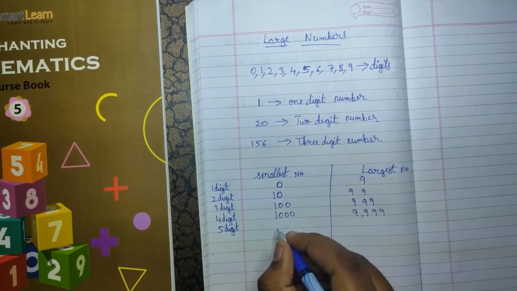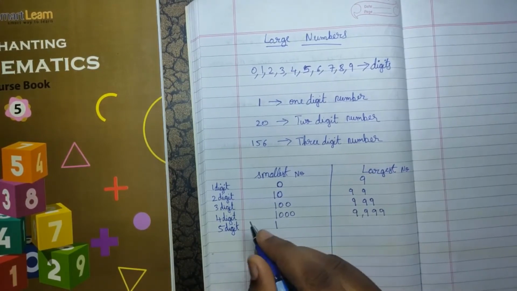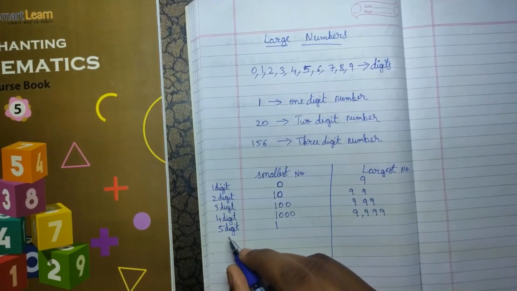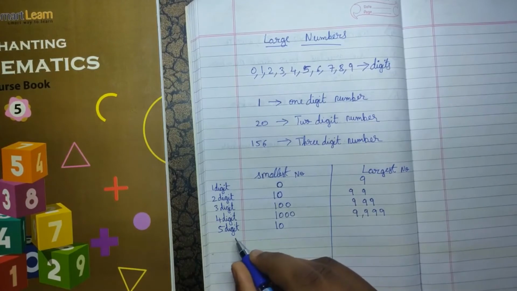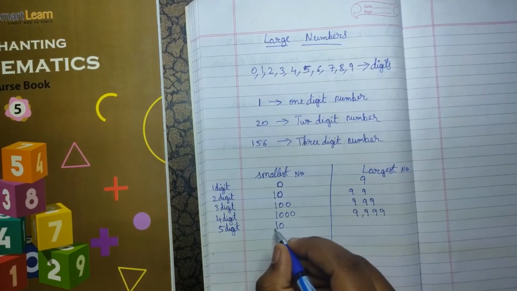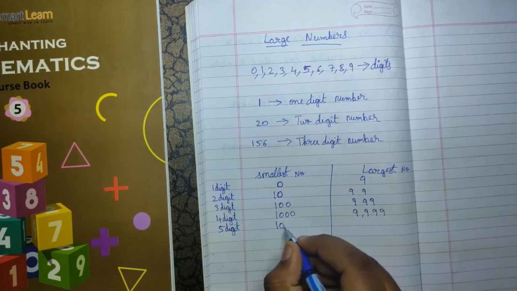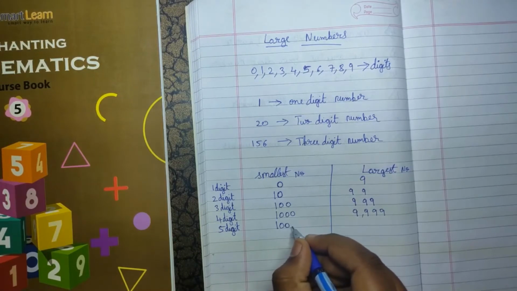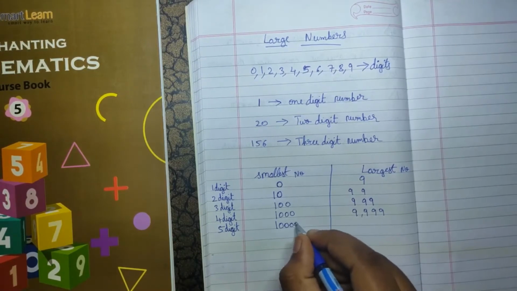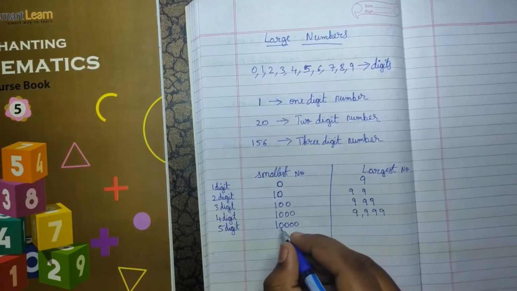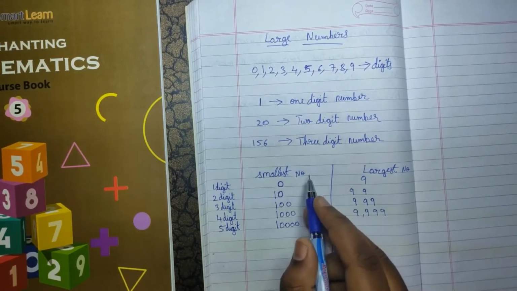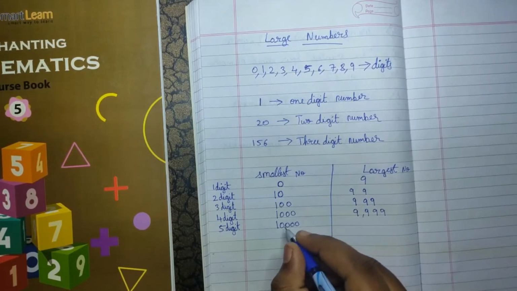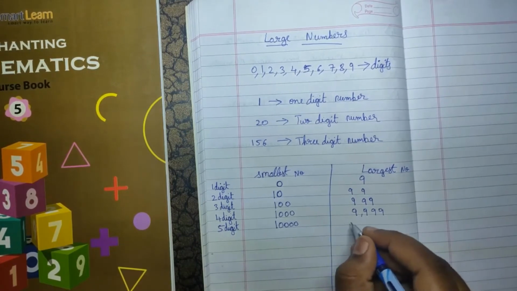Similarly, 5 digit, let us come. How can I write? I should write 1 first. Since we want another 4 digits, I will write 4 zeros. Totally 5 digits. The first digit is 1, the second digit is 0, third also 0, fourth also 0, fifth also 0. So the smallest 5 digit number is 10,000.